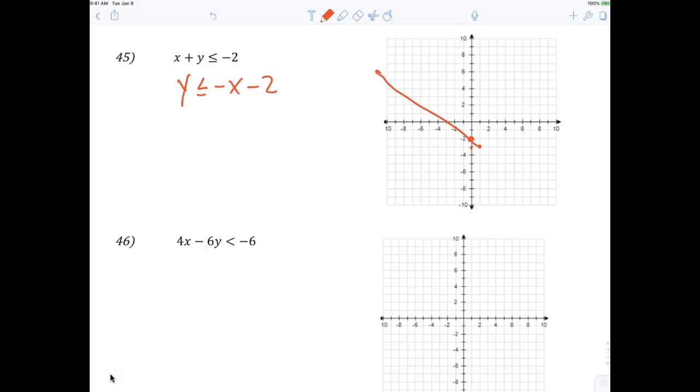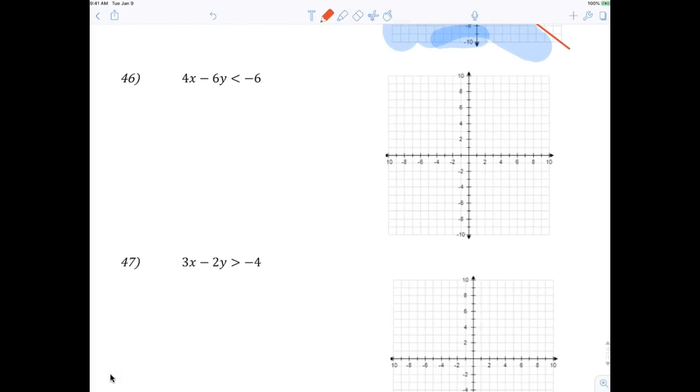Solid. There we have it. And now we're shaded below again. Under. All right. Last one. Uh-oh, no, there's two more. All right, so here we go.